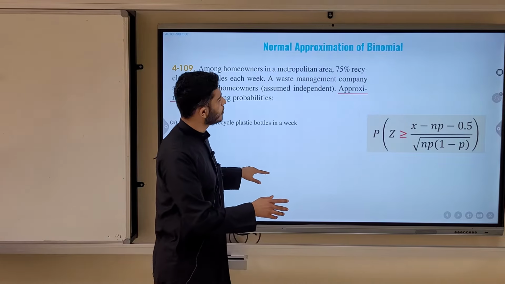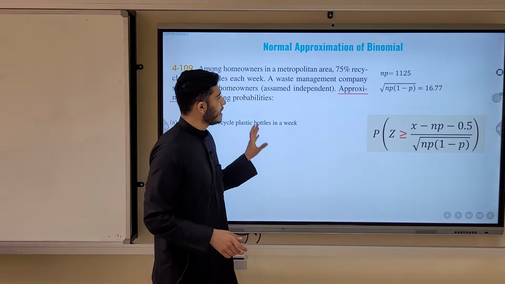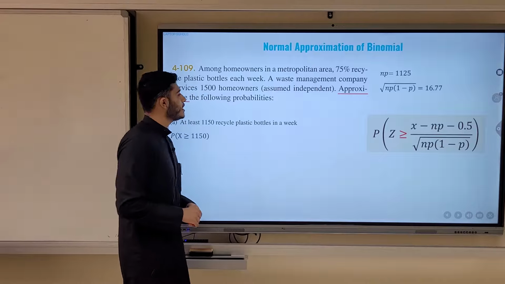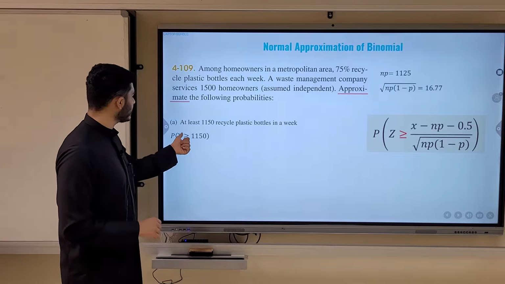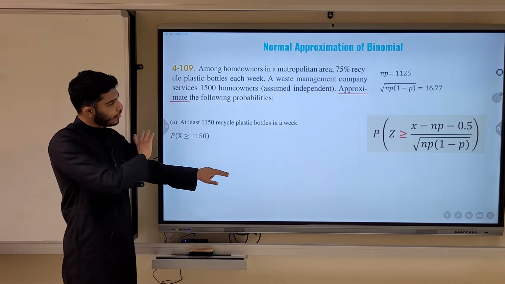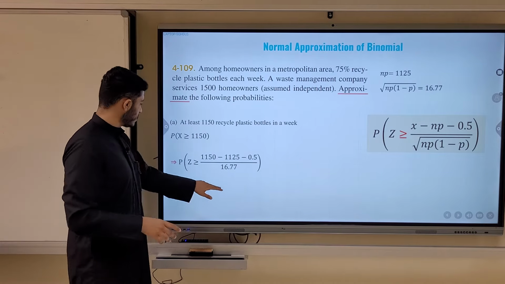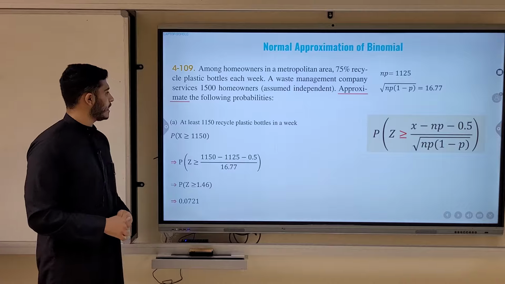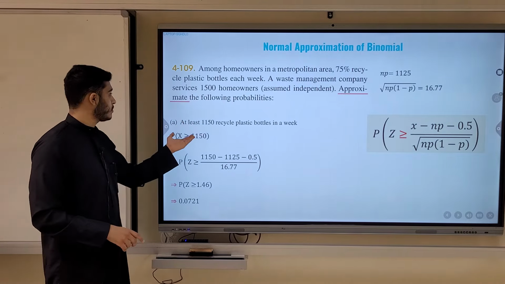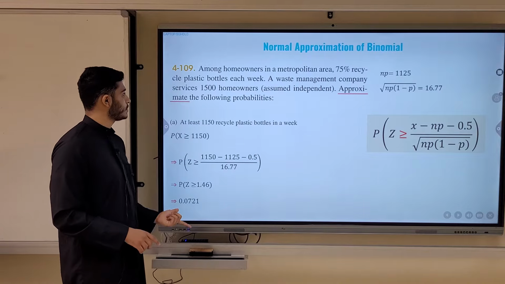Let's find all of them here. We're also going to subtract the correction factor, 0.5, because we are dealing with greater than or equal, and we subtract when we have greater than or equal. With all of this, we can solve this question and get the answer at the end, instead of adding up 1,500 expressions by hand.